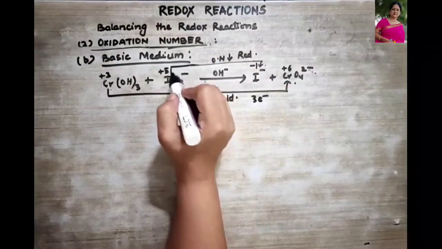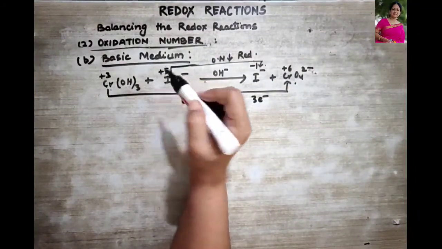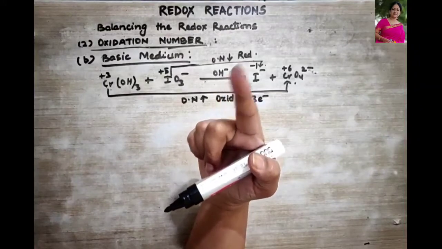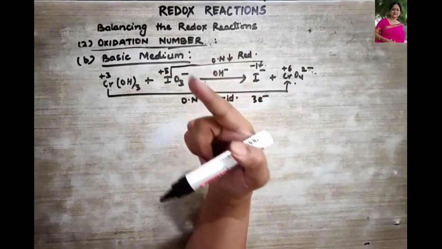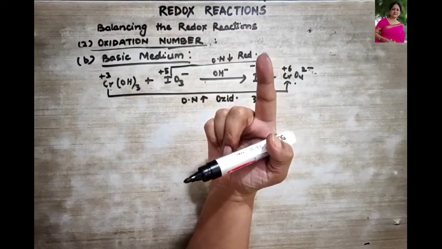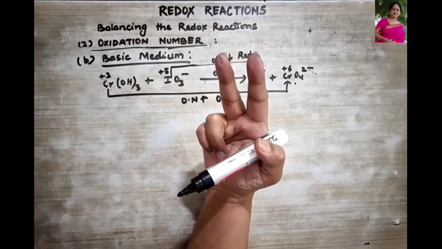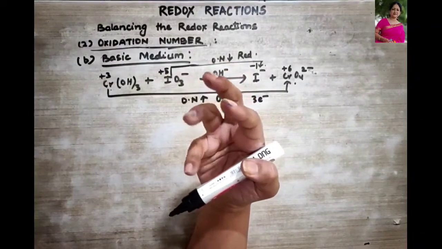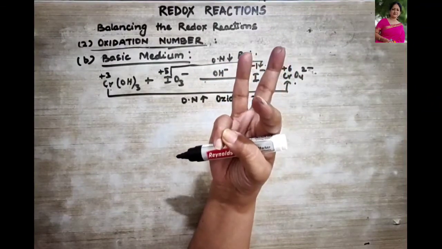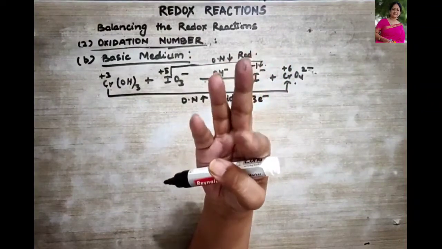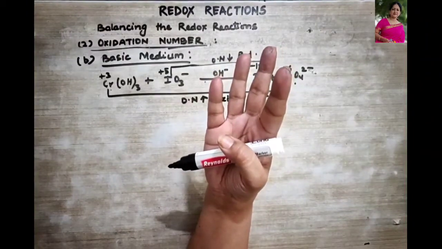Let's see. Plus 5 oxidation number, it accepts one electron to become plus 4. Plus 4 will accept one electron to become plus 3. This will accept one more electron to become plus 2. Plus 2 will accept one more electron to become plus 1.